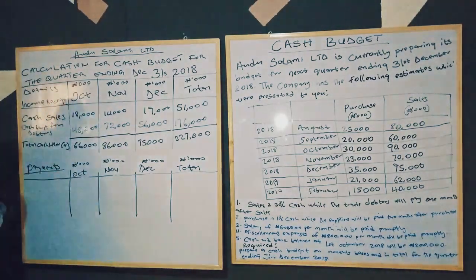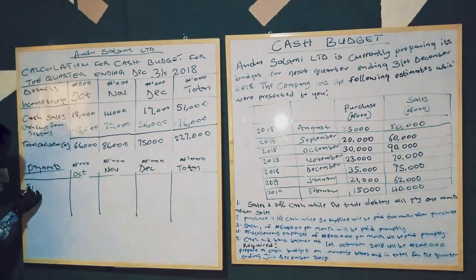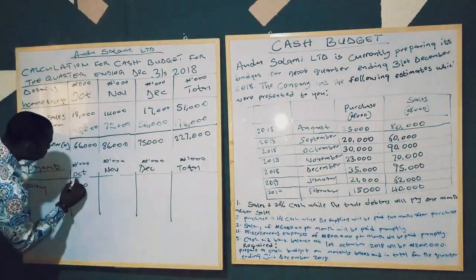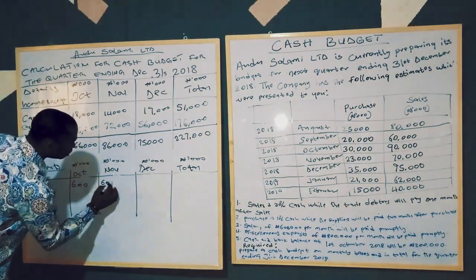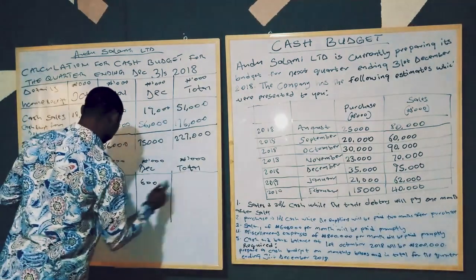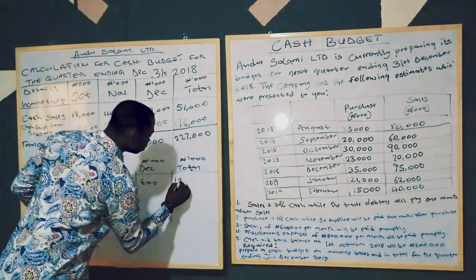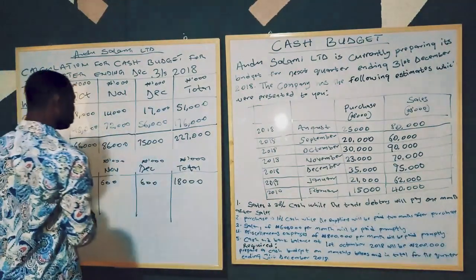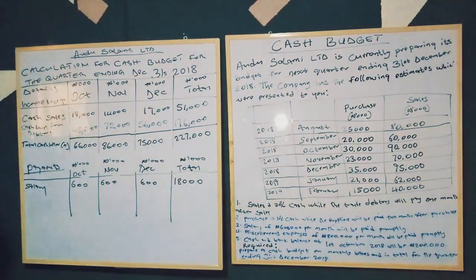So that means we have salary, 600,000, and the unit will be 18,000, like 18 million.